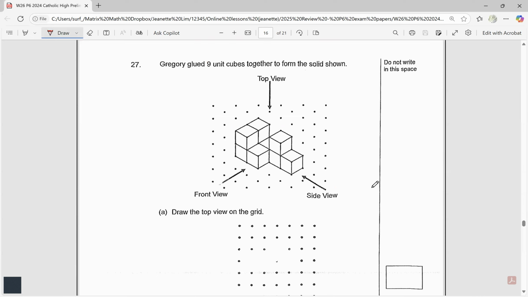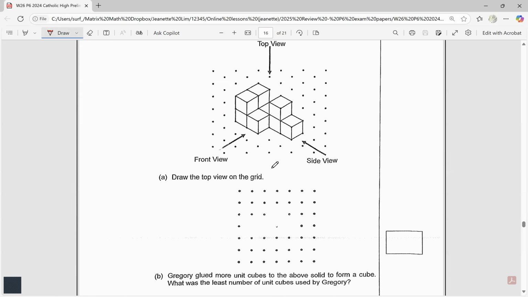Question 27. Gregory glued 9 unit cubes together to form the solid shown. Okay, you're supposed to draw the top view. Now, for the top view, you have to imagine you're standing at the front, and then you look down. Okay, you're not standing at the side.